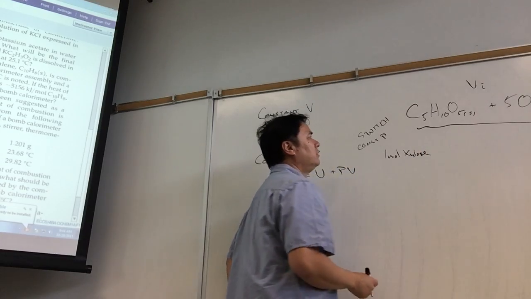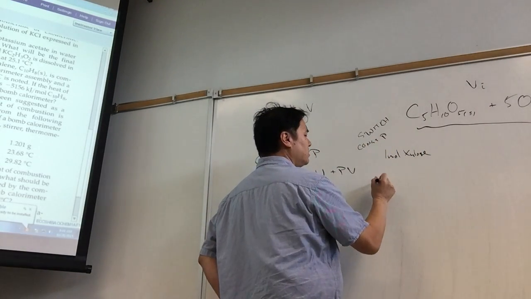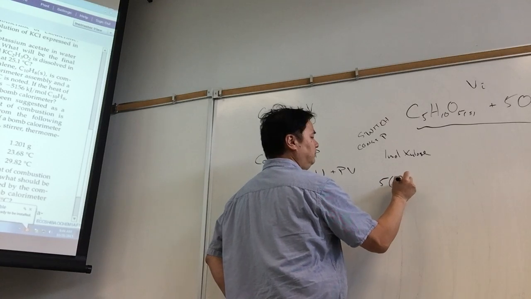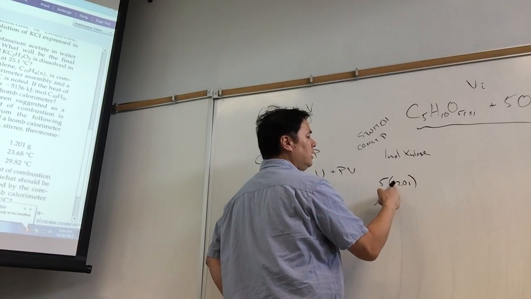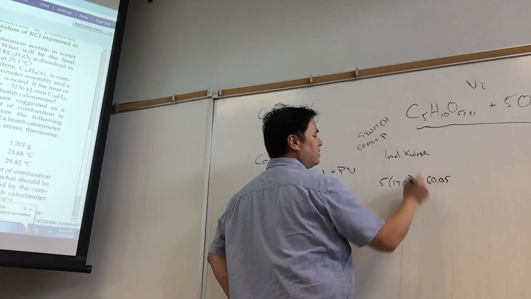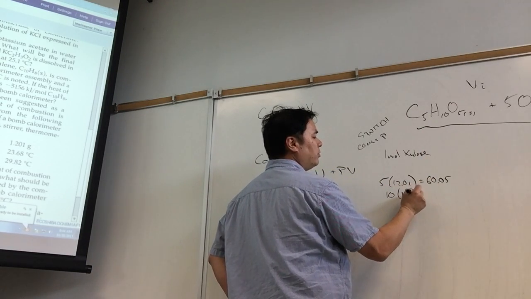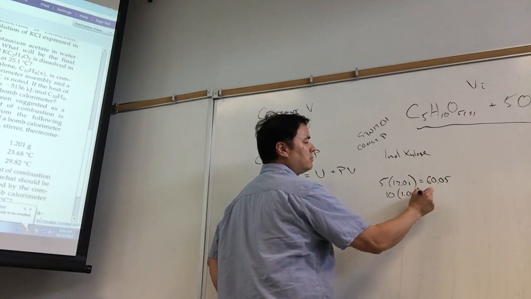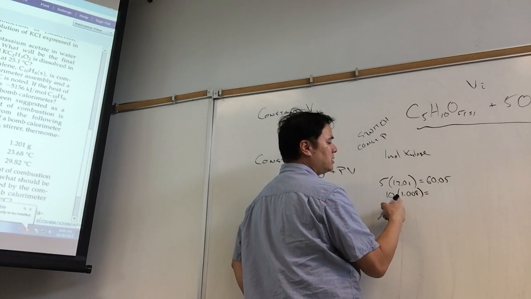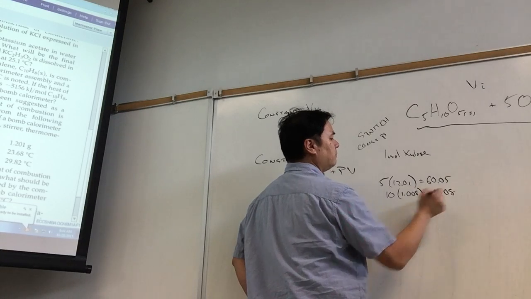Well, the first thing we need to do is figure out how many grams that is. So we've got 5 carbons. So that's 5 times 12.01, which is going to be 60.05. And then 10 hydrogens. I'm going to use 1.008 because I want some more sig figs here. So this is going to be 10.08.